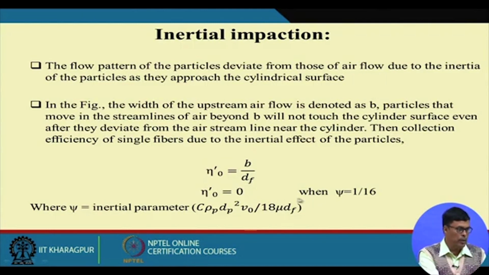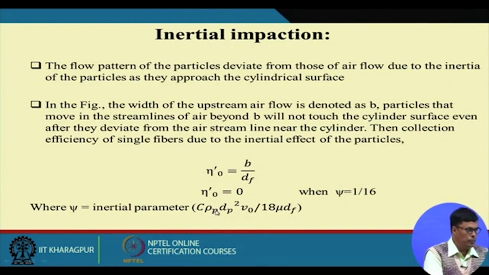Now here the eta will be equal to 0 when psi is equal to 1 by 16. What is psi? It is called the inertial parameter. This is equal to C into rho p dp square V0 divided by 18 mu into dF.